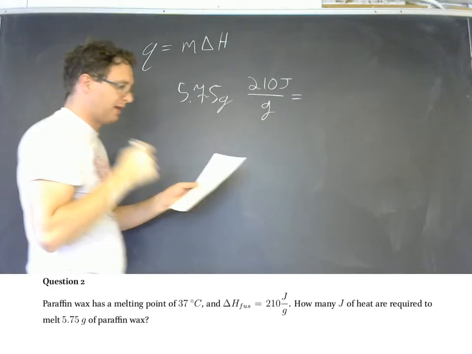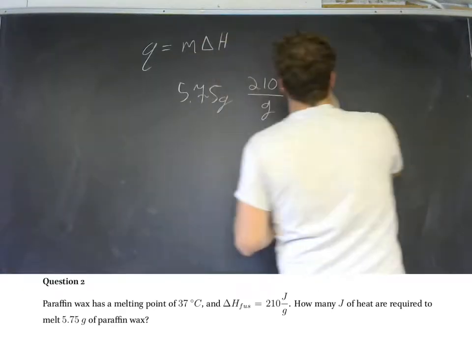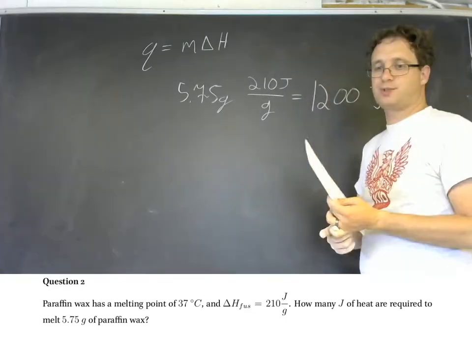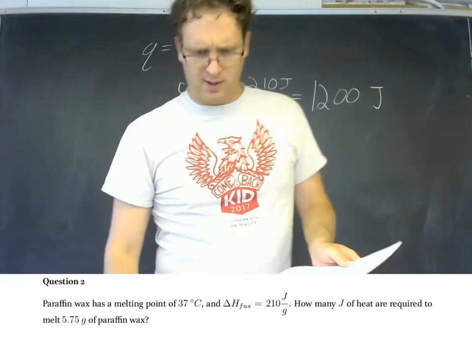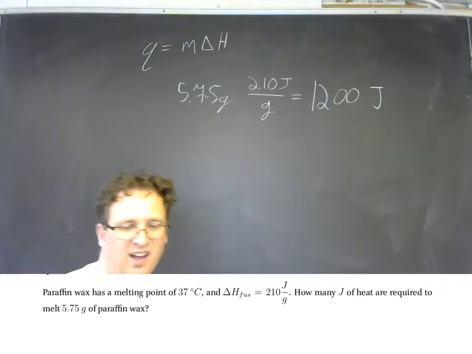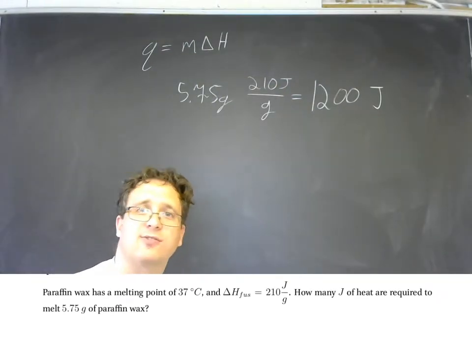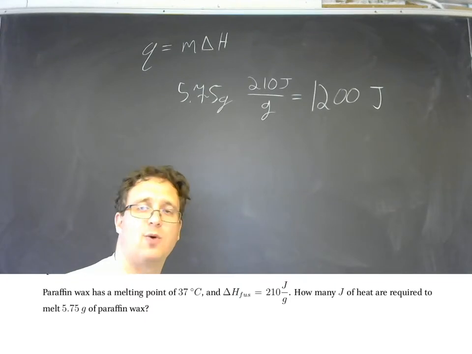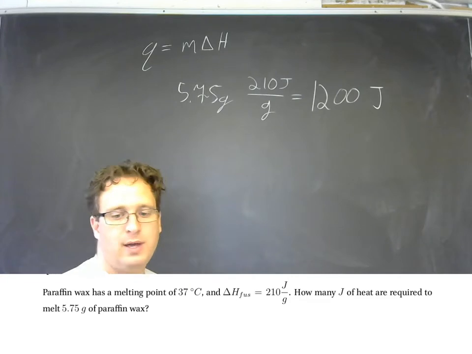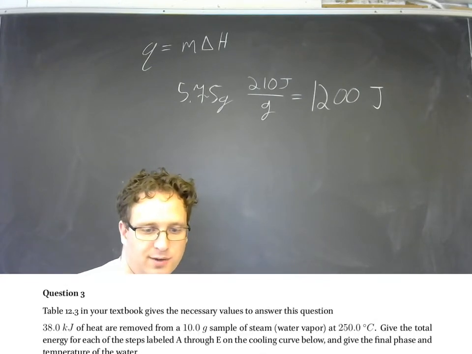We only get 2 sig figs here. It's 1200 joules. Okay, and then this next problem is not very difficult when you take it one step at a time. But looked at as a whole, it's quite a monster of a problem.